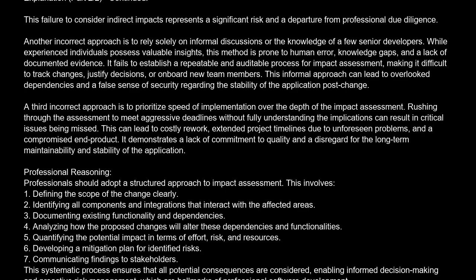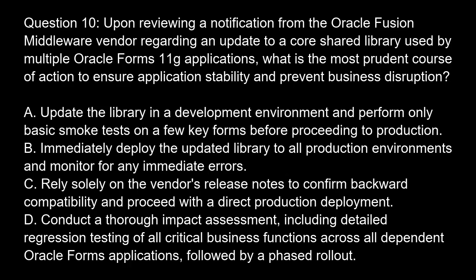Quantifying the potential impact in terms of effort, risk, and resources. 6. Developing a mitigation plan for identified risks. 7. Communicating findings to stakeholders. This systematic process ensures that all potential consequences are considered, enabling informed decision-making and proactive risk management, which are hallmarks of professional software development.